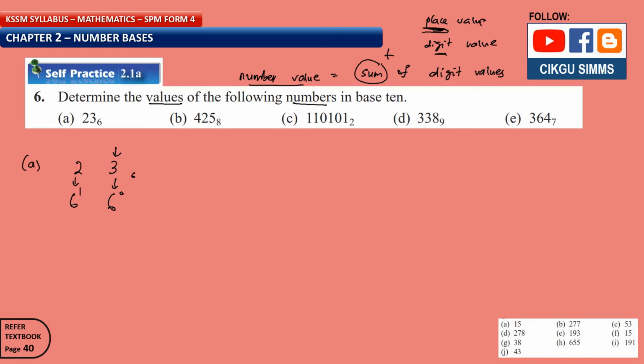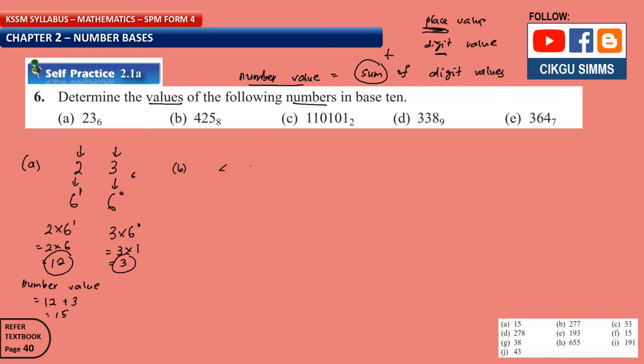And then 2 times 6 to the power of 1 is the second digit value. And then you need to add all of these digit values to become the number value. So 15.